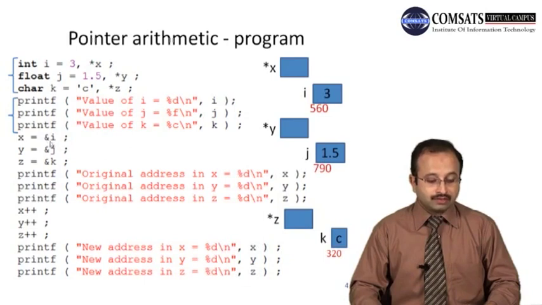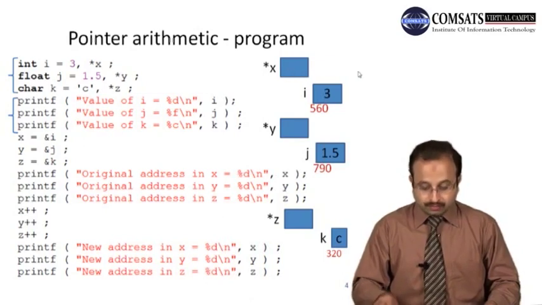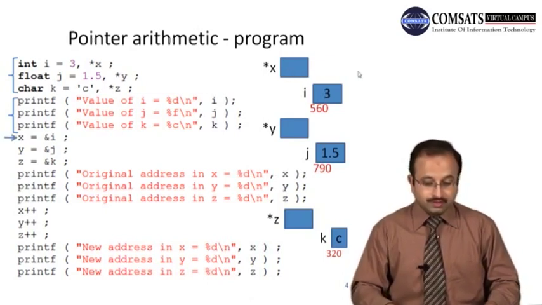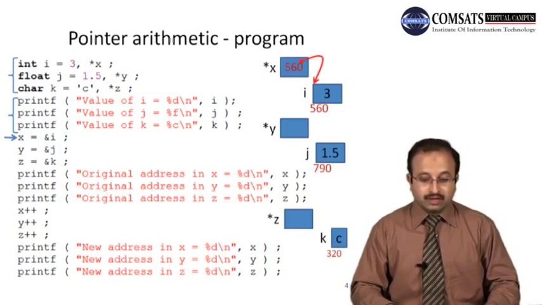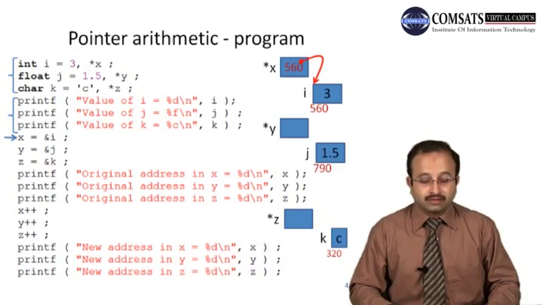You are assigning that address to x, not *x, to x. So that will be stored over here in this place. So when this statement is executed, 560 address is assigned to a pointer x. Now that pointer points to a memory location that is allocated for the variable i and whose address is 560.